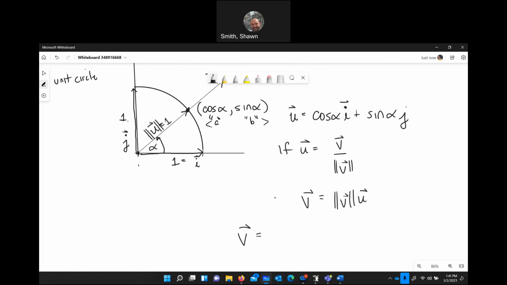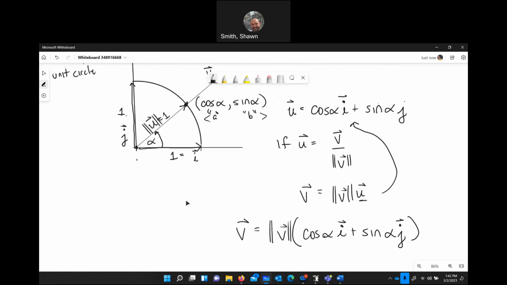So vector v is equal to the magnitude of vector v times the unit vector, but the unit vector is this. So this is another way to express a vector, given its magnitude and its direction.